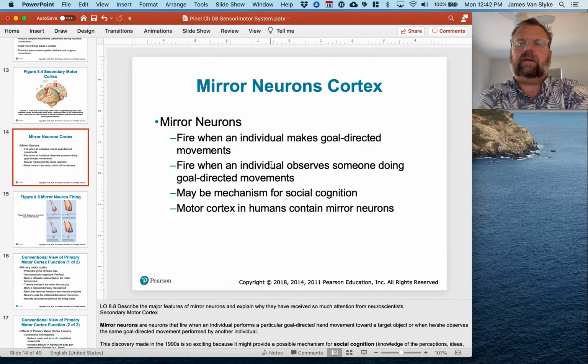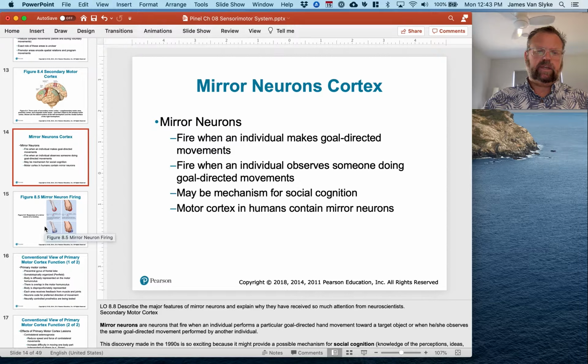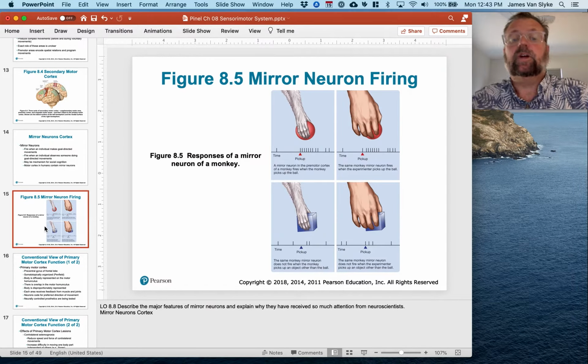And the way that they initially discovered mirror neurons is in working with the macaque.